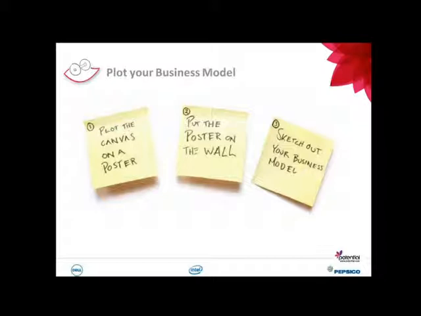When we say start drawing your business model, we mean start writing down the elements that you think are important for your business. Now, as you move forward, you are going to realize that some things that you thought were crucial are finally not that crucial. So you would be able to amend that accordingly on your business model.